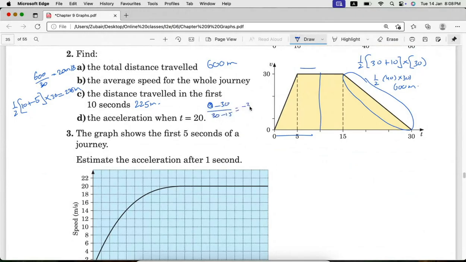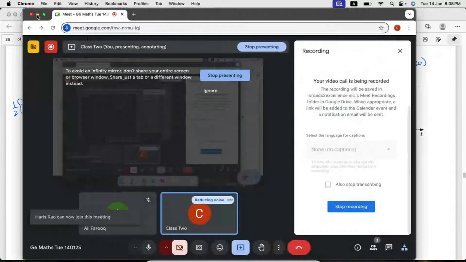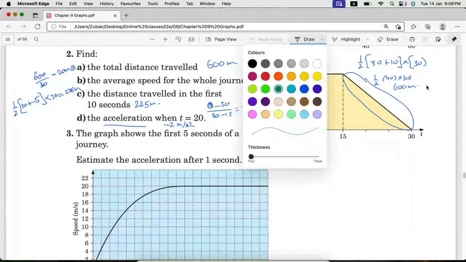So this is minus 30 by 15, which is minus 2 meters per second square. The gradient is minus 2 and hence the acceleration is minus 2 meters per second square. If you had said deceleration, only the sign of this minus 2 will change into plus 2. Everything else stays the same.